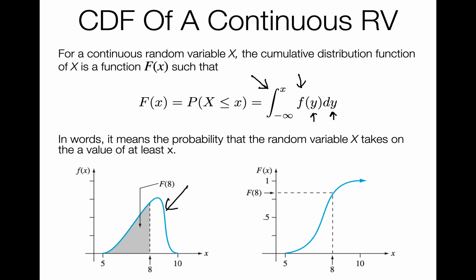Similarly, there's a graph of the CDF. And before, for the discrete distribution, I failed to mention one, because it looks kind of odd and would probably have tripped you up.